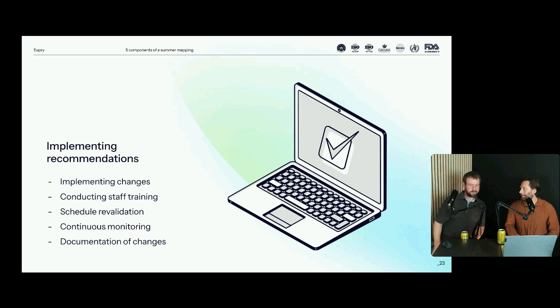And then, of course, after you've done your temperature mapping exercise, what you have to do? Install your monitoring system. And also there you can very much optimize your continuous monitoring by having a full exercise that really mapped out what your critical areas in your storage unit are.